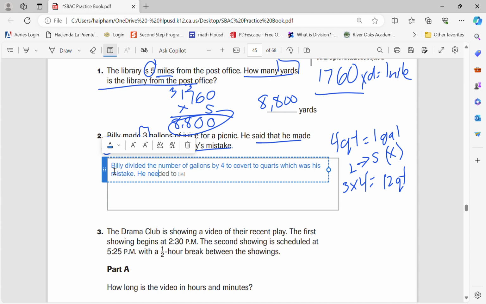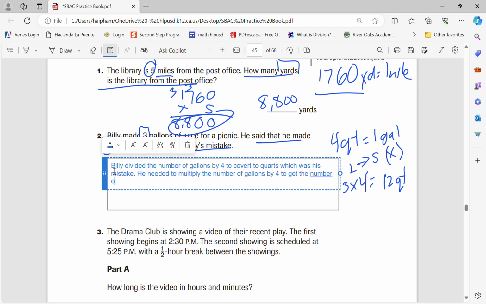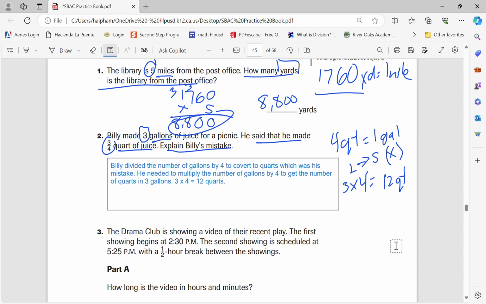He needed to multiply the number of gallons by 4 to get the number of quarts in 3 gallons. 3 times 4 equals 12 quarts. And that would fulfill your explanation for number 2.